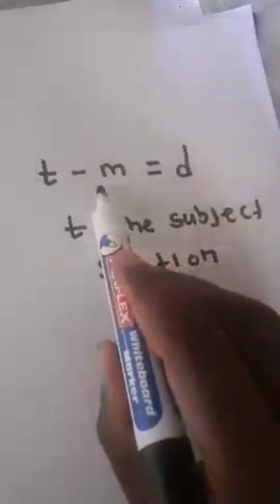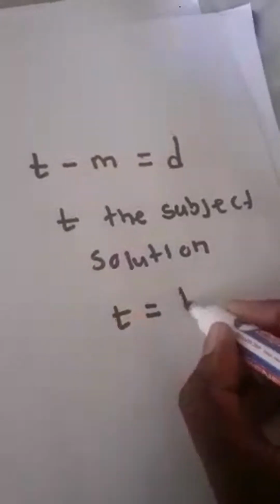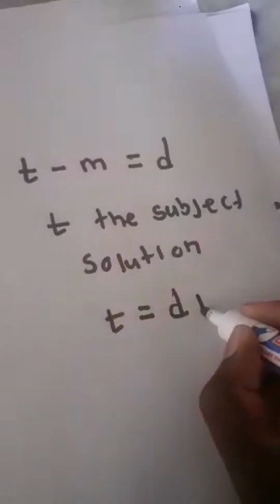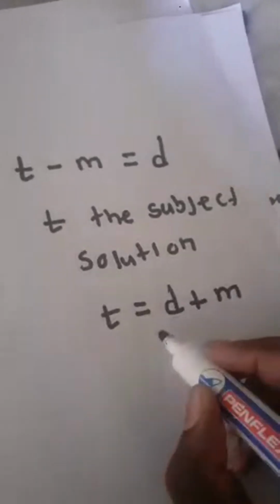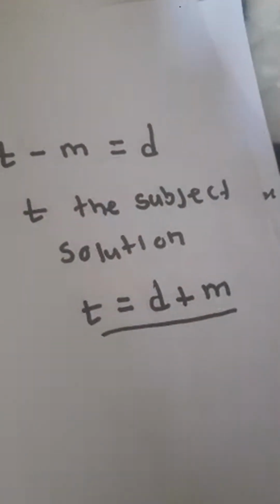So minus M on this side is equal to D. Then negative M to this side will be positive M. So we have made T the subject of the formula.